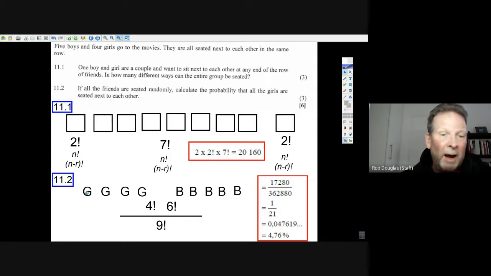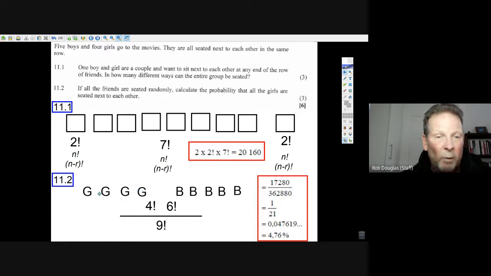But hey, how many different ways can 4 girls be arranged? Well, that's 4 factorial. How about the boys? Well, you've got 5 boys, but the girls kind of operate as one. If the girls are going to be sitting next to each other, we treat them as one part there.